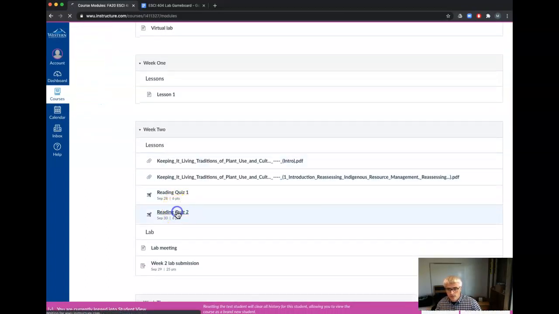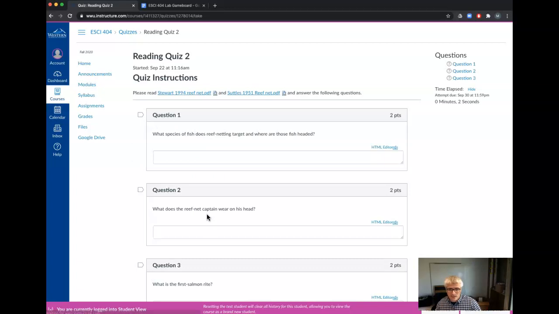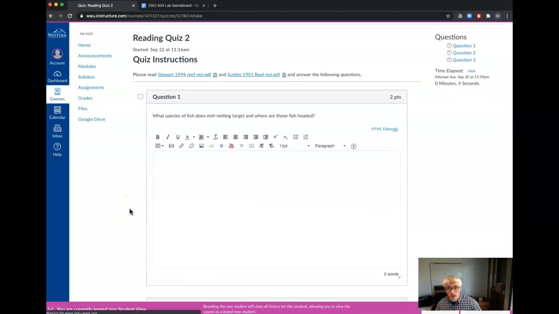Week 2, you can see what quiz 2 is. Stewart, Suttles. They're typically 3 questions. What species is reef net target and where is this fish headed? Here I'm looking for a specific answer. Don't say, to their natal stream.